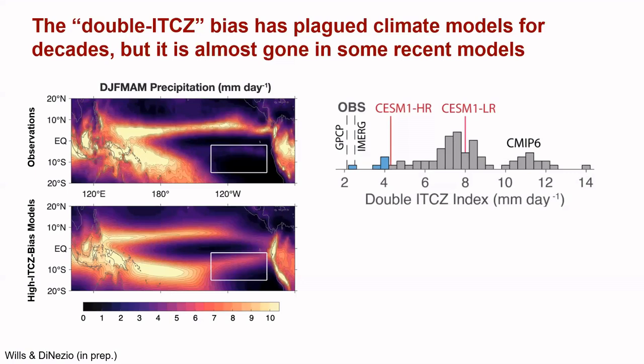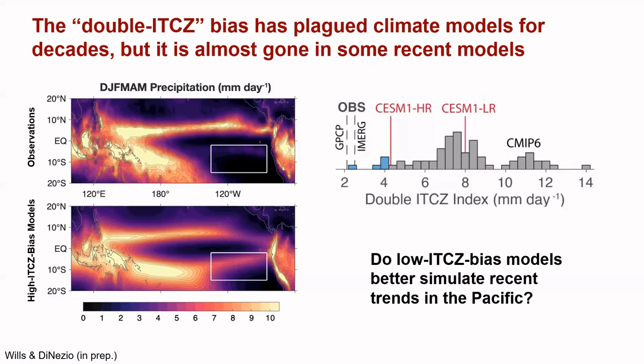This creates an index of the double ITCZ. And I'm showing on the right-hand side a histogram of all the CMIP models and also CSM1 HR and LR, and observations. So there's this dramatic improvement between the low resolution and high resolution CSM, but there's actually 5 CMIP6 models that do better than this, and one that's really right on with observations.